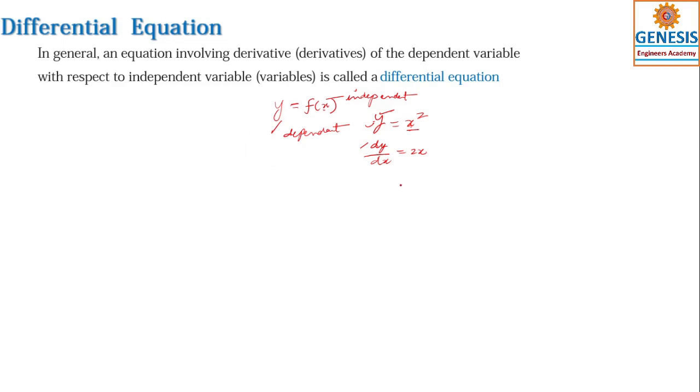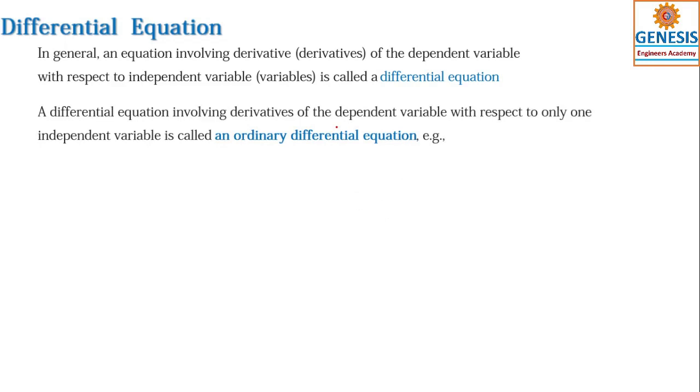For example, a differential equation involving derivatives of the dependent variable, that means y, with respect to only one independent variable is called an ordinary differential equation. That means if it depends on two or more independent variables, we call that a partial differential equation.